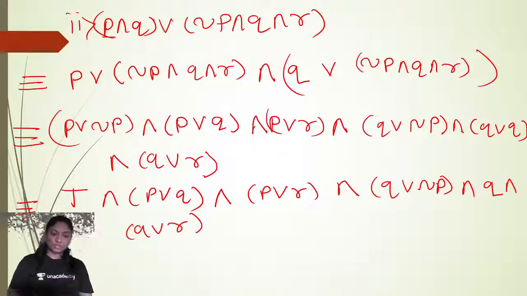So which is nothing but T and this. So the total value depends upon the and of these statements, whenever P or Q is equal to true. This value depends totally upon P or Q because the other part is true.